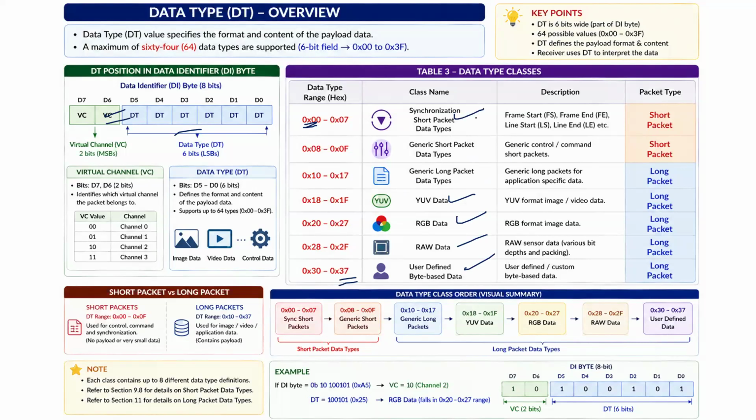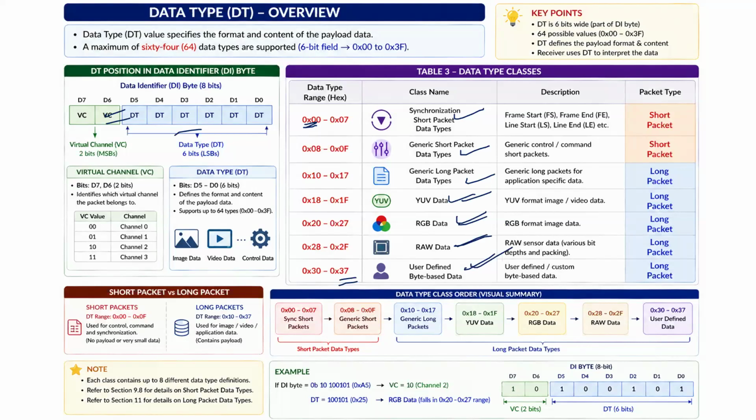Short packets we are transferring from the first byte of data, and then the second byte of data is general packets. The third byte of data is the image long packet format data types, and then we send YUV data, RGB data, raw data, and then user defined data.